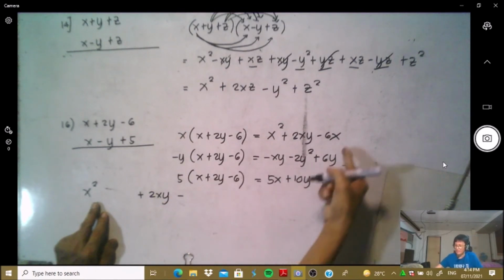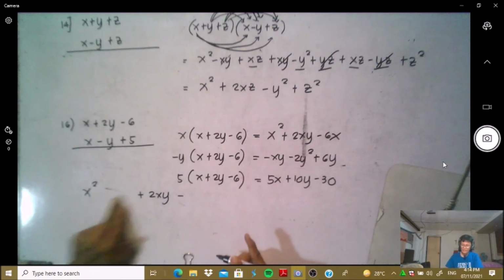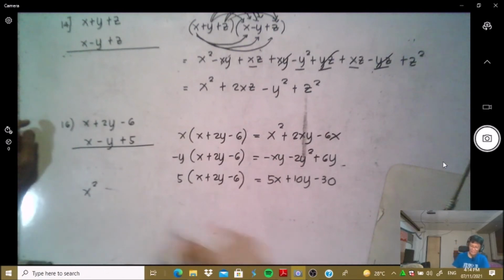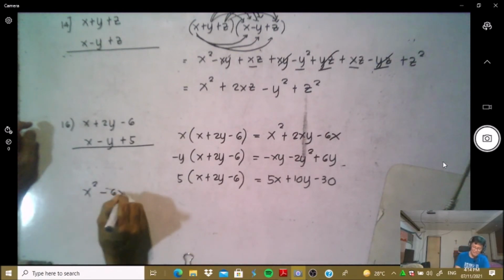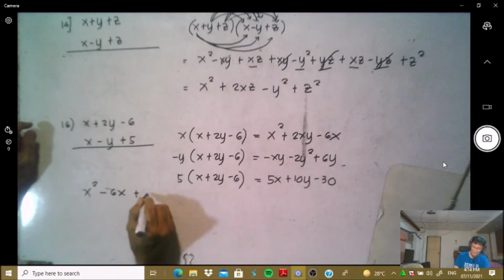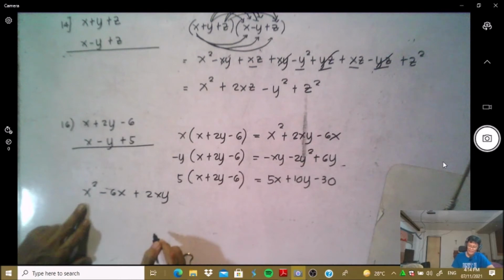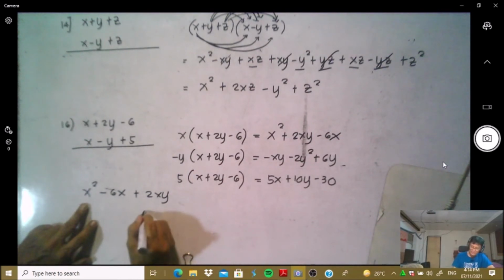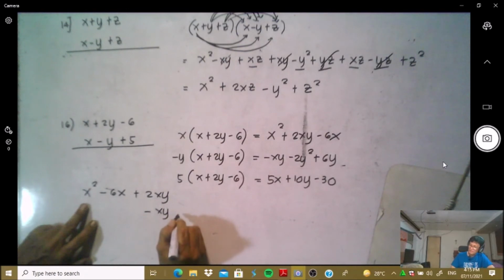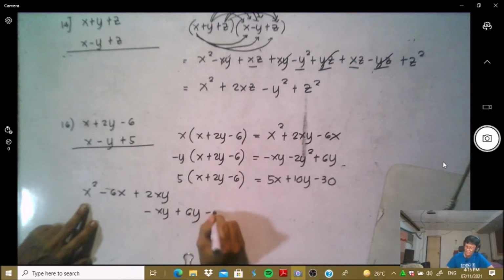There is x here, so we have to rewrite that one. So x minus 6x plus 2xy. Next will be negative xy. Then next will be y, so we have plus 6y minus 2y squared.